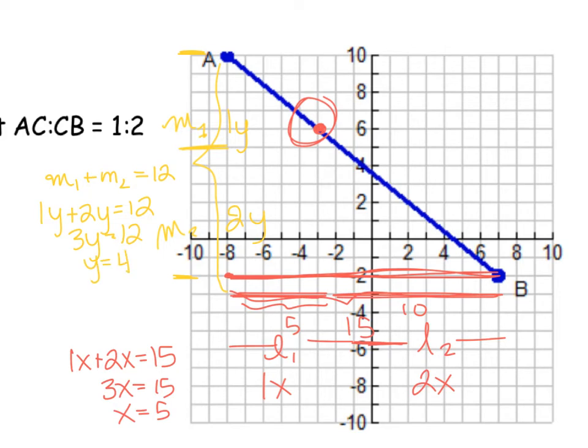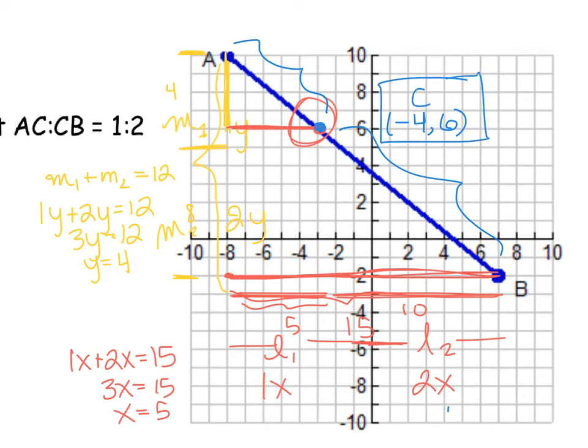That means that M1 is 4, M2 is 8, and I am now able to see that this red point must be 4 units down from A, and we already said that it has to be 5 units right from A. So that gives us the point of -4, 6. And visually we should see that this point cuts AB in a 1:2 ratio. It should look like this is half of this length. So this would be the coordinates of point C.